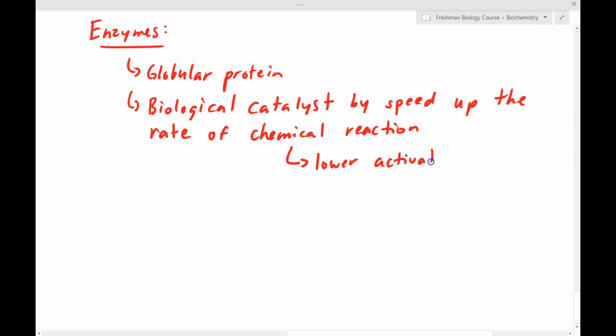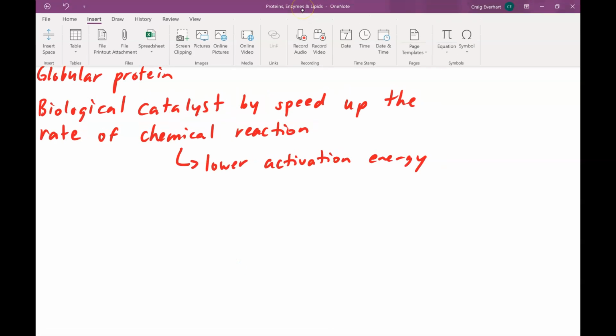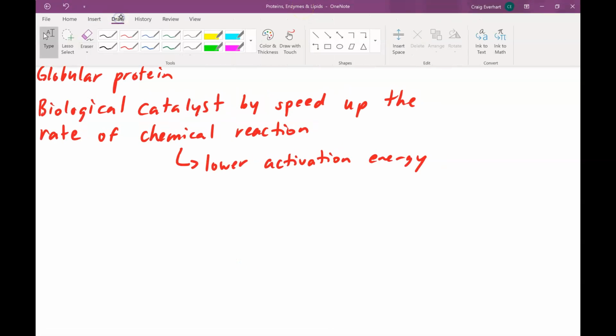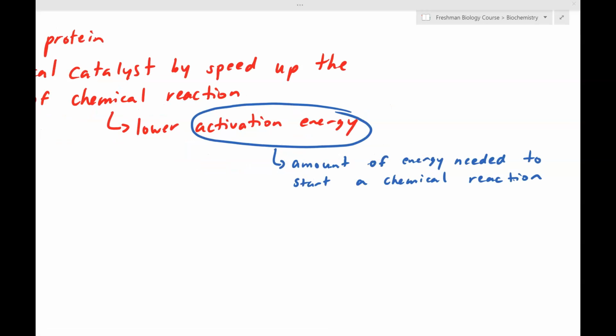Activation energy simply is the amount of energy that's needed to start a chemical reaction. So there we go with our definition of activation energy. An enzyme is simply going to lower that activation energy so it doesn't require as much energy to get a chemical reaction going.